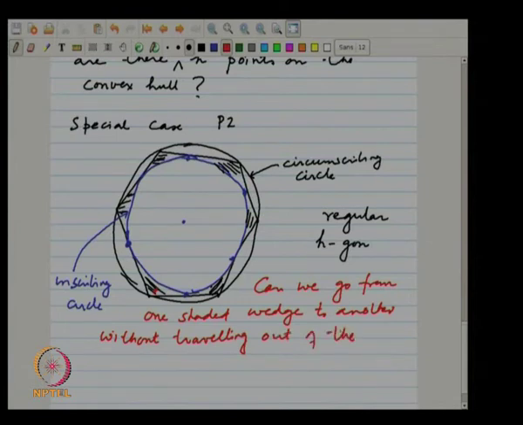Let us call the inscribing circle C_I and the circumscribing circle C_C. That is the question I am asking.